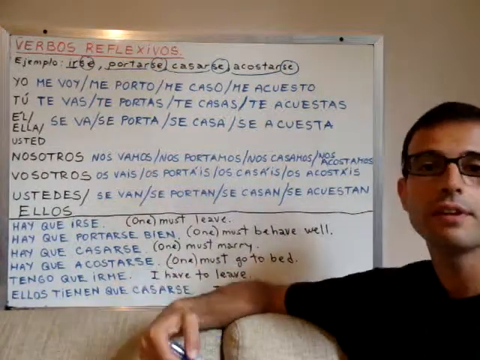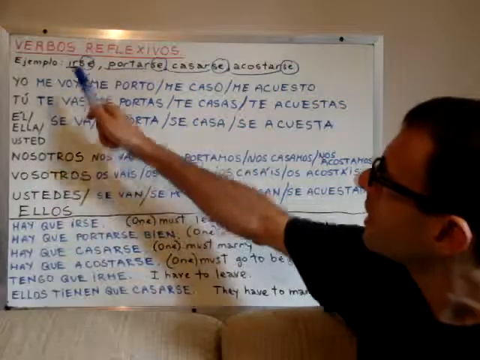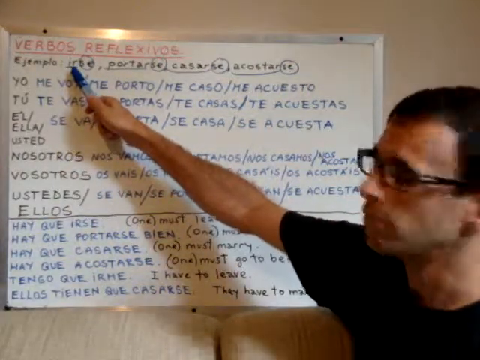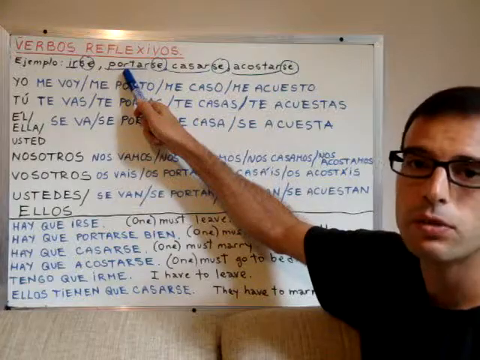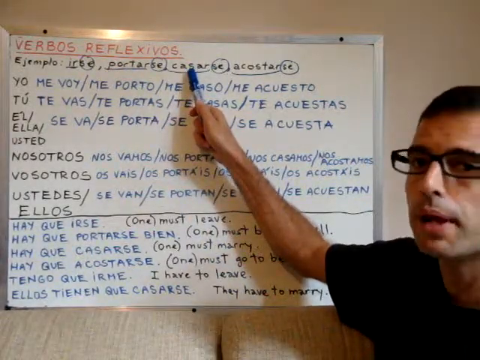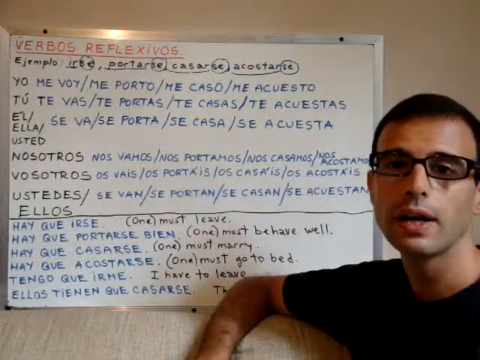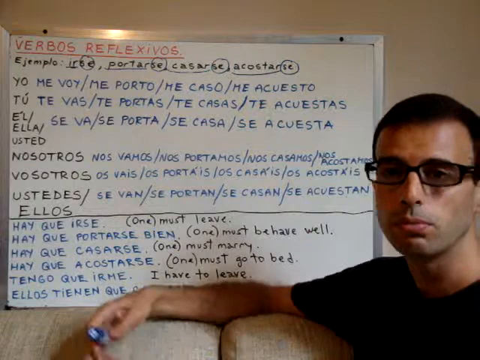Oneself or myself or yourself, himself. So, irse is to leave. Portarse, to behave. Casarse, to get married. And acostarse is to lie down or to go to bed.